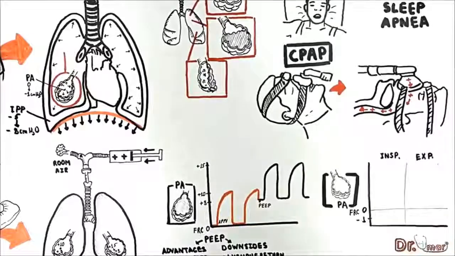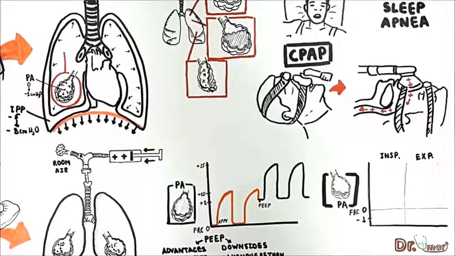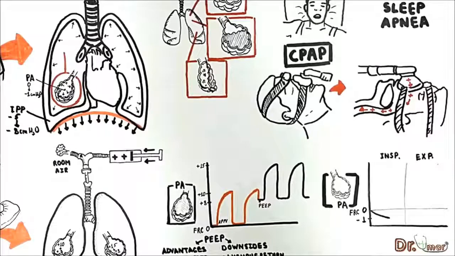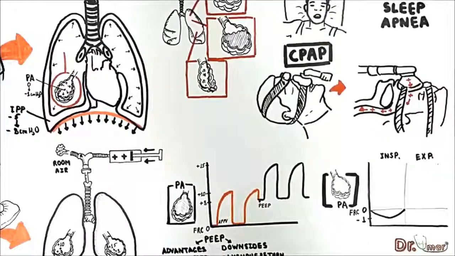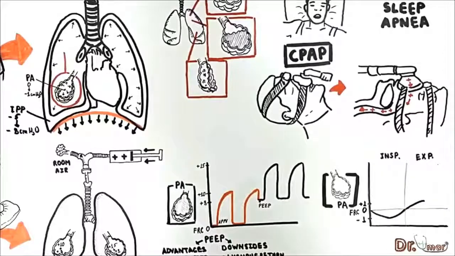Under normal conditions, without CPAP, during quiet inspiration, alveolar pressure falls down to -1 cm water and air flows to the alveoli, and at the end of inspiration, alveolar pressure returns back to zero. In expiration, the alveolar pressure rises to +1, which pushes the air out, and then it returns back to zero.